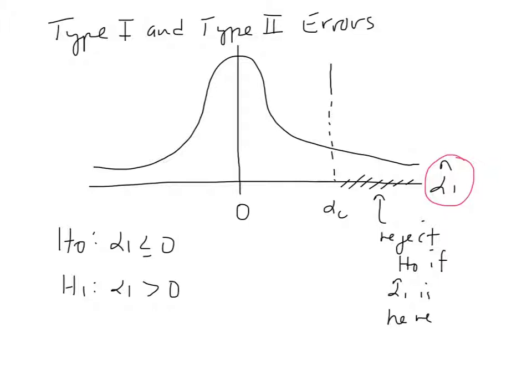We can talk about a whole distribution of these estimates because we're imagining a world in which we have the possibility of drawing an infinite number of samples from the same population, re-estimating the same model, and then gathering all of these alpha 1 hat values and putting them into a probability distribution. Okay? By virtue of our assumption that the epsilons are normal, it must be that the y's are normal, and therefore the alpha 1 hats are normal.